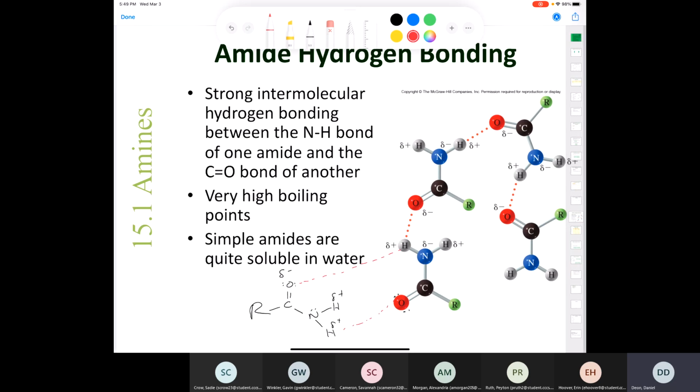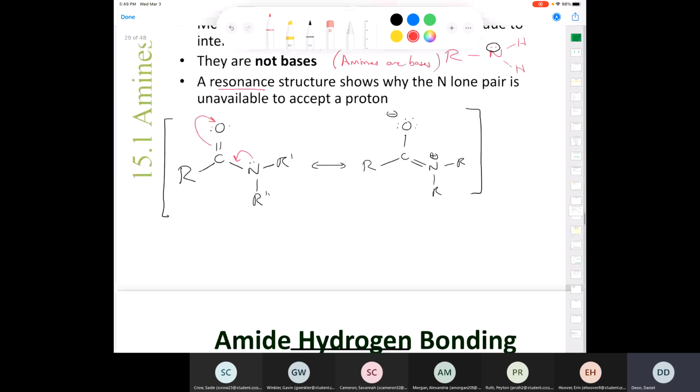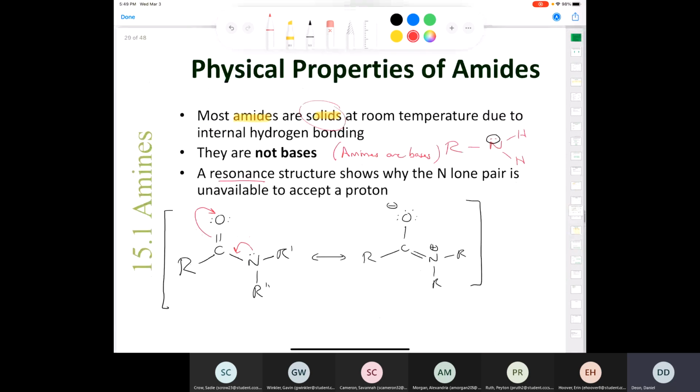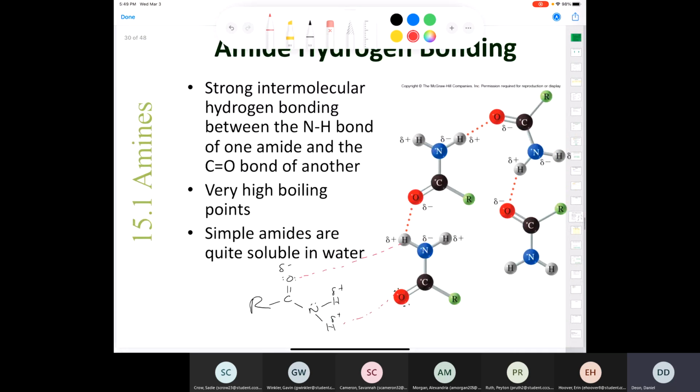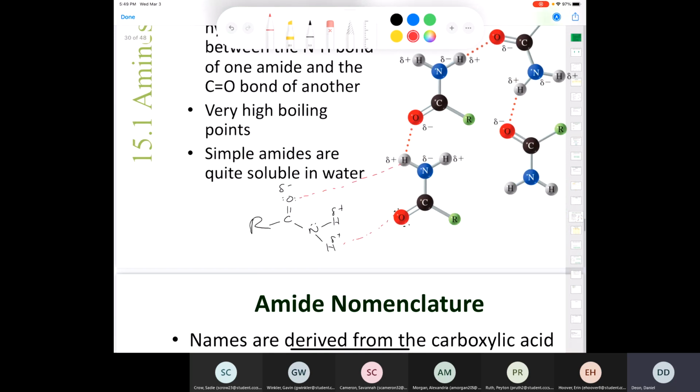And this is what gives amides very high boiling points, okay? This is why most of them have such high boiling points that they're solids at room temperature. Some simple amides, ones that are small, are going to be soluble in water, but just like amines or alcohols, as the size of the R groups increases, their solubility is going to decrease.